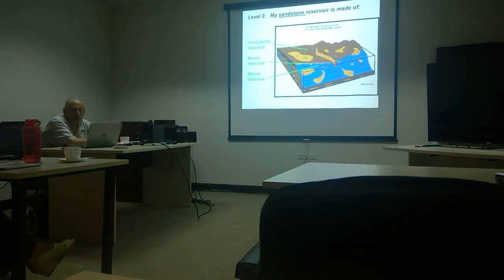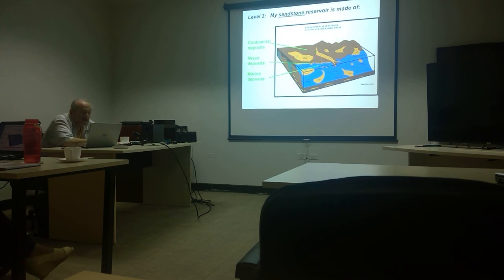So level 2 is a sandstone, but as I showed in this diagram before, there are many different types of sedimentary environments in which sandstones are deposited. So you get a series of deposits on continents, along the shoreline, which we call mixed, and then marine deposits as well.